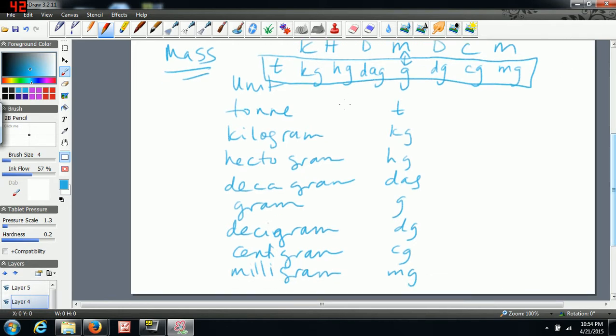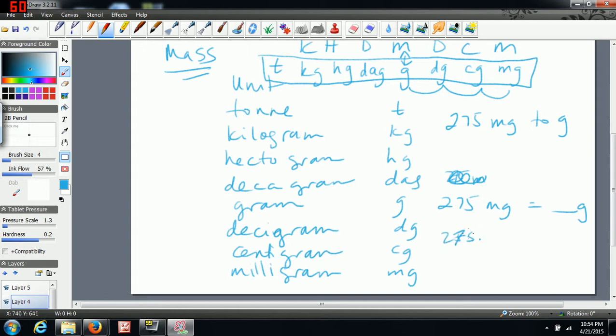I can just show you a quick example of that. So if you were asked to convert 275 milligrams to grams, so you would go from milligrams to grams, so that would be 1, 2, 3. Because the decimal is always at the end of the number if it's not written down, you go 1, 2, 3, so it becomes 0.275.